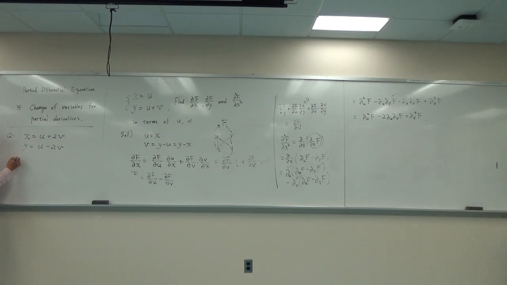And the question is find partial with respect to x in terms of u, v, and also find the second partial. Okay, so 1 and 2. Try this.